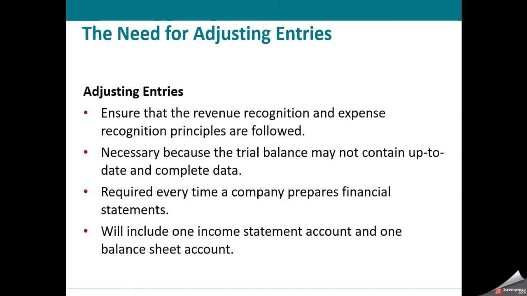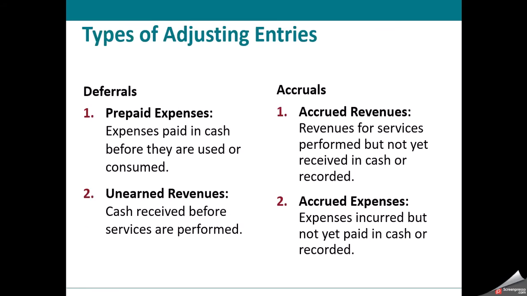And if we don't have, say, the invoice yet for an expense that's incurred, but we know that we incurred it, that's an example of something that may need to be adjusted. And we do it every time we prepare our financial statements, and it's going to include our income statement and our balance sheet.